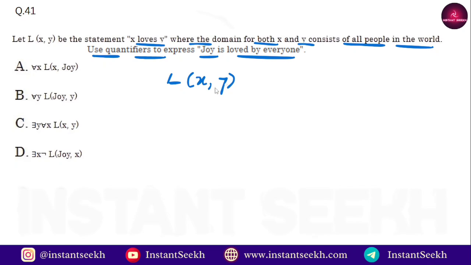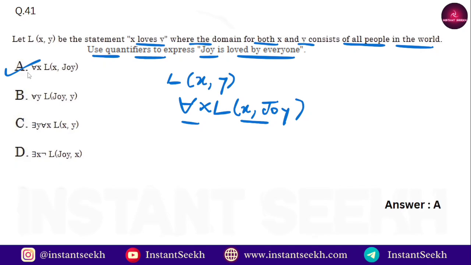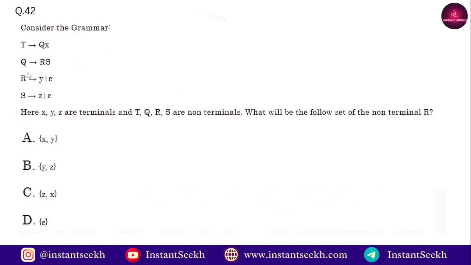This can be expressed using the universal quantifier as follows: for all X, L(X, Joy). This translates to for every person X, X loves Joy, which accurately indicates that everyone loves Joy. So from the given options, mark option A as your correct answer. Okay, let's move on to the next.